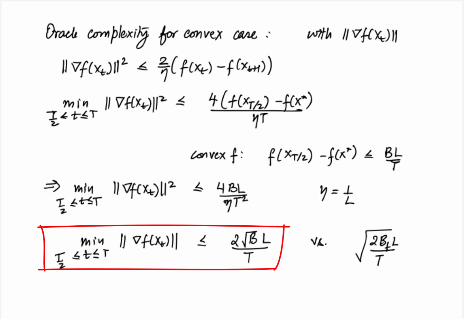You do not expect your algorithm to have small gradient norm towards the beginning, so the left hand sides are not very different either. The key difference between the bounds, however, is the dependence on T. In the convex case, we have 1 over T, while in the general case, we have 1 over square root T. So this is how convexity has resulted in faster convergence.